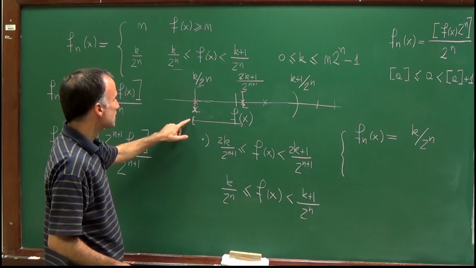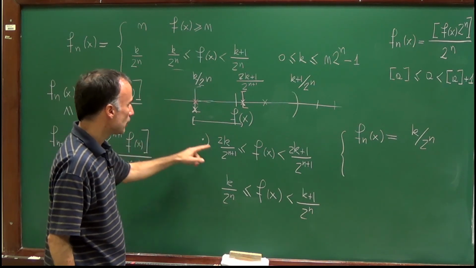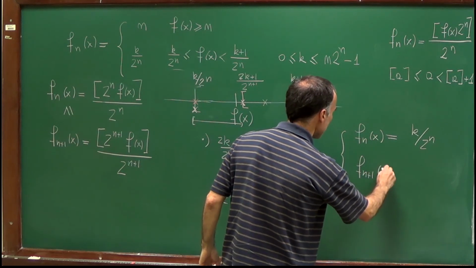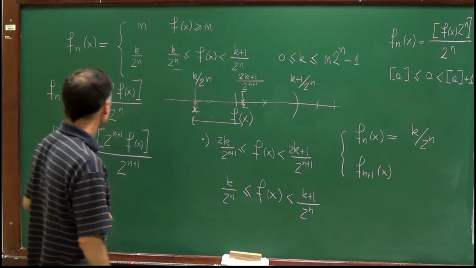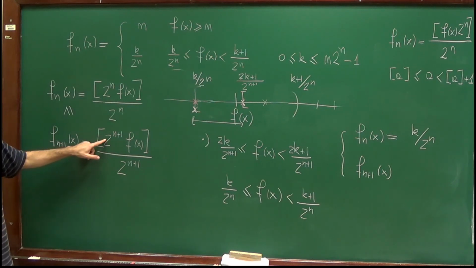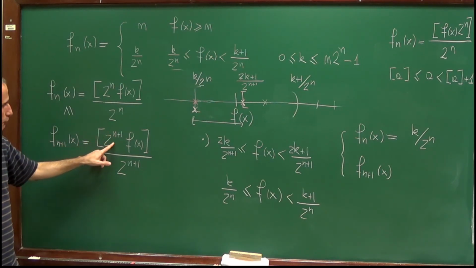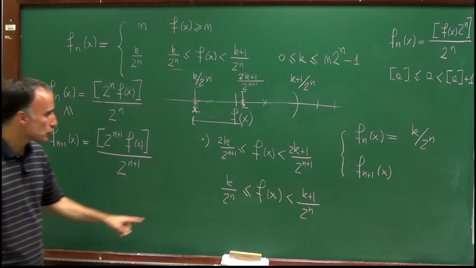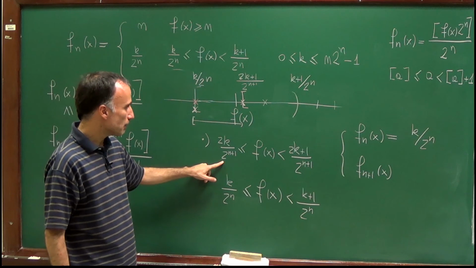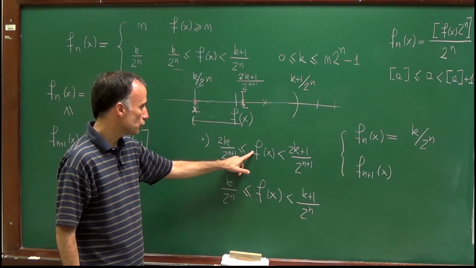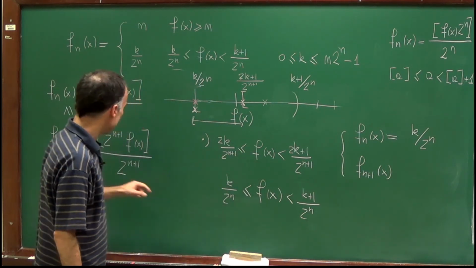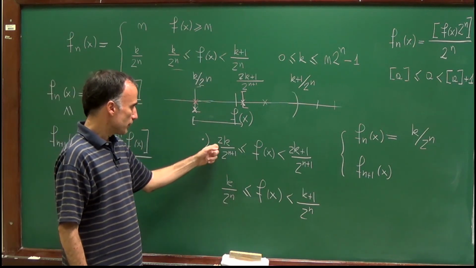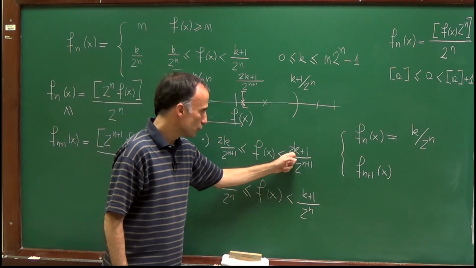Well, but now let's observe the value of fn plus 1 of x. fn plus 1 of x is the integer value of 2 to the power n plus 1 times f of x, divided by 2 to the power n plus 1. So if I multiply here all terms by 2 to the power n plus 1, I obtain that 2 to the power n plus 1 times f of x belongs to the interval from 2k to 2k plus 1.